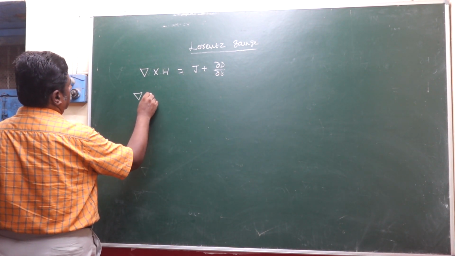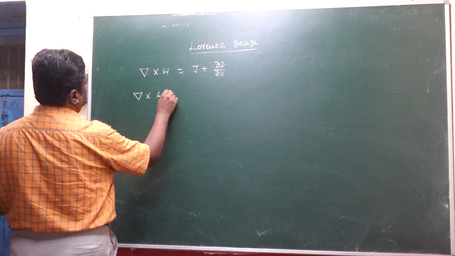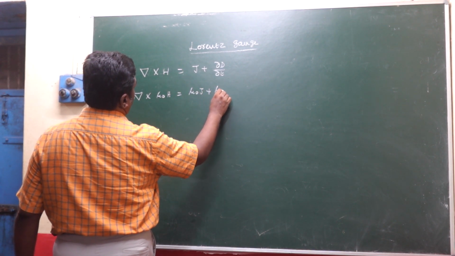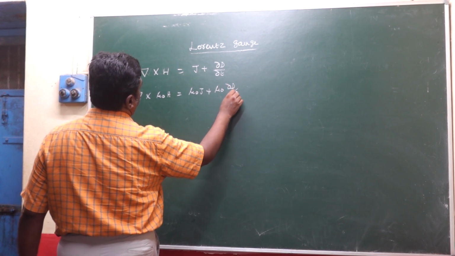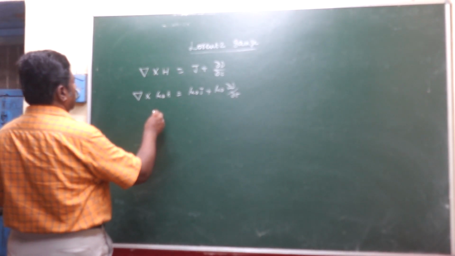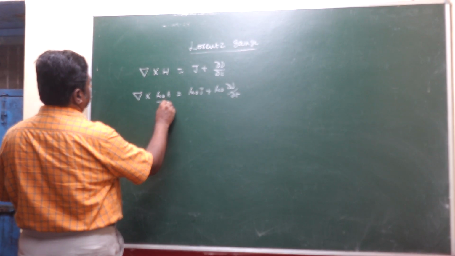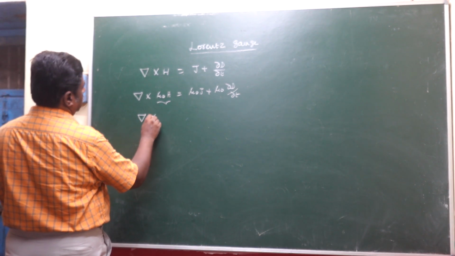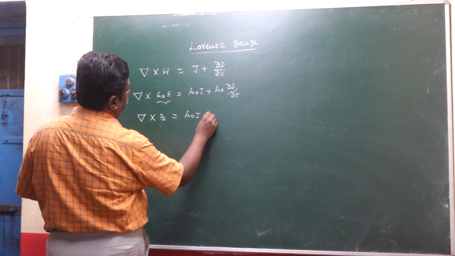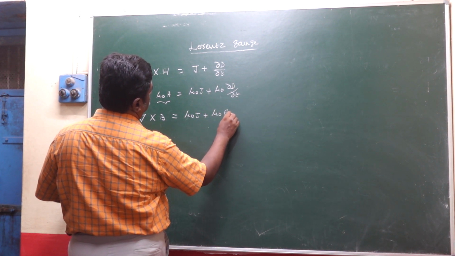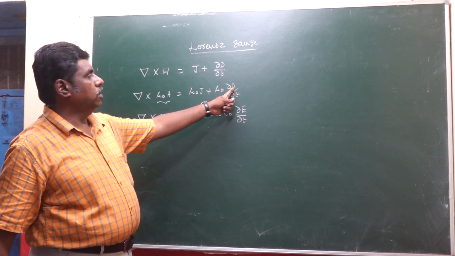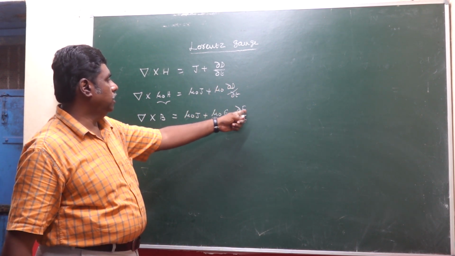Then del cross mu naught into H equal to mu naught J plus mu naught dou D by dou t. I have multiplied all the terms by mu naught. Mu naught into H is our B. It is curl B equal to mu naught J plus mu naught epsilon naught dou E by dou t. You know that D equal to epsilon naught into E, the displacement vector.